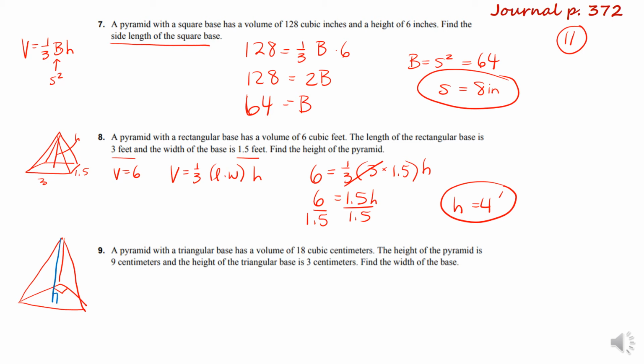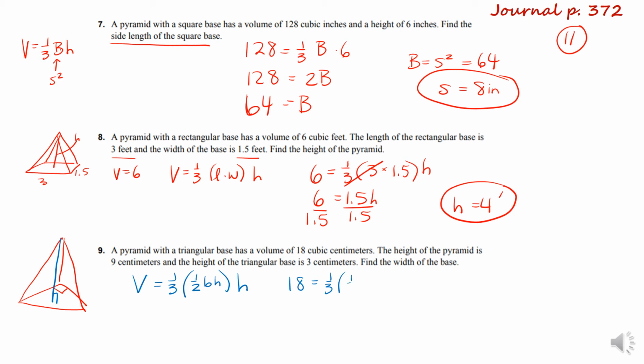So now we have volume equals 1/3 the big B, which is 1/2 base times height. Notice there's small b and h for the area of a triangle, and then times the h of the pyramid. So now we're going to go 18 equals 1/3. They gave me the height of the triangular base, but they did not give me the base.